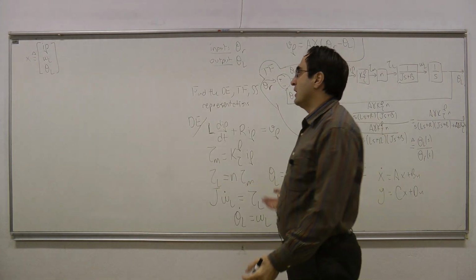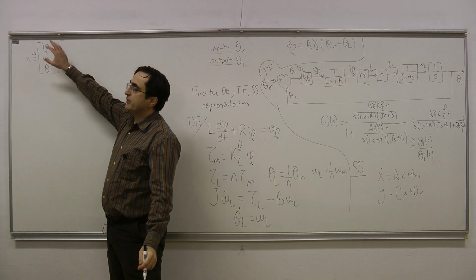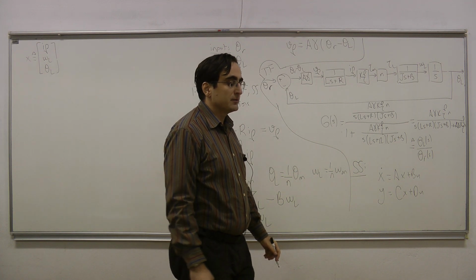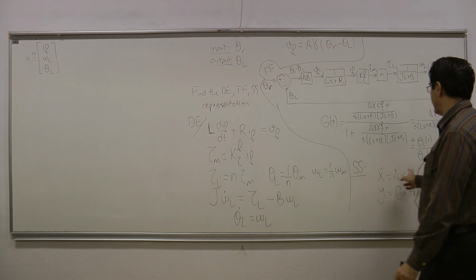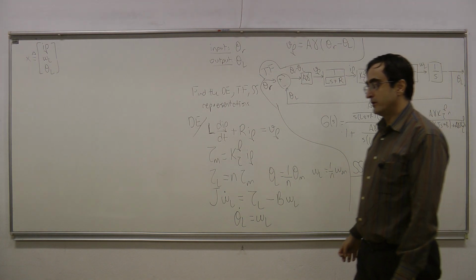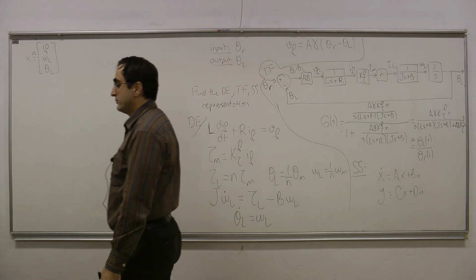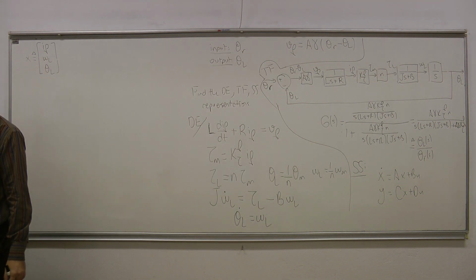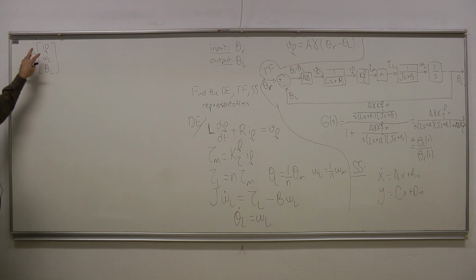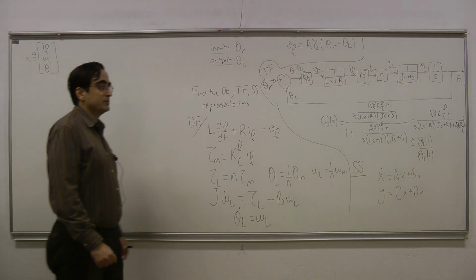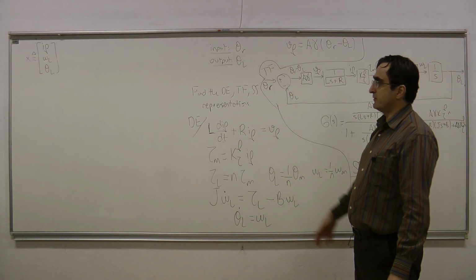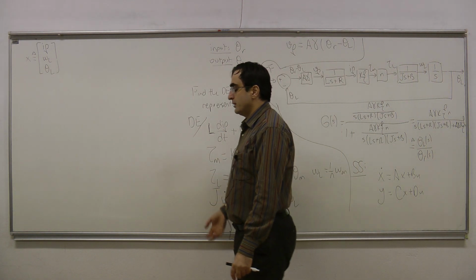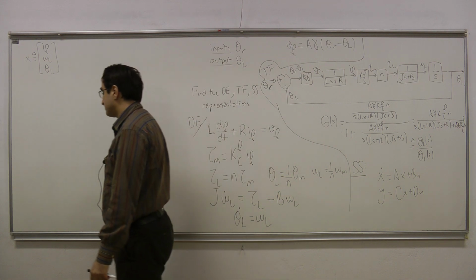An equivalent choice would be to replace the places of these variables in the state vector. That would also change your ABCD matrices, but that would also be an equivalent state space representation. It is one of the infinitely many state space representations that you can find. So not only the selection of these variables, but the order of these variables would determine your state space representation uniquely. If you change the places in the state vector, then you would obtain a different state space representation as well.